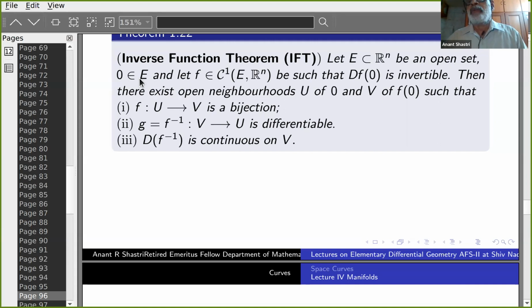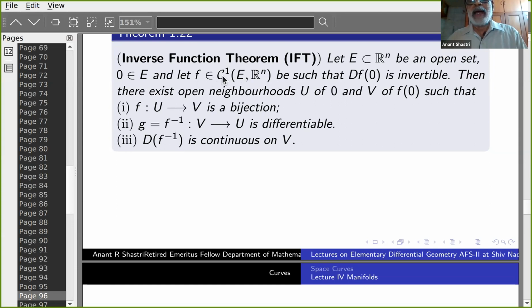Assume for definiteness 0 belongs to A. Instead of an arbitrary point, I am just writing 0 so that I can make slightly easier statements. Start with a C1 function into again Rn itself. Special case: a mapping from Rn to Rn.